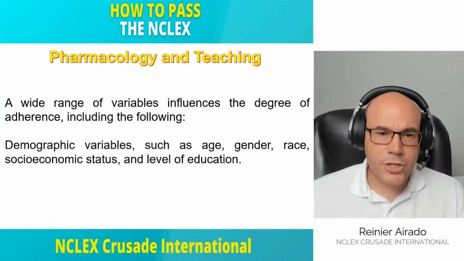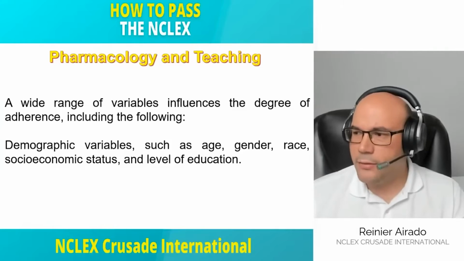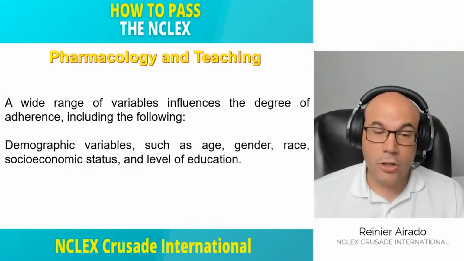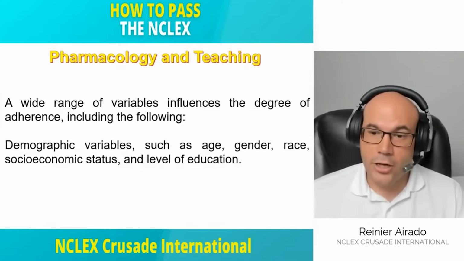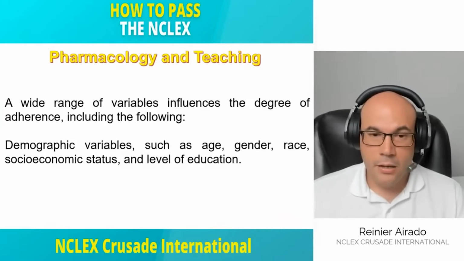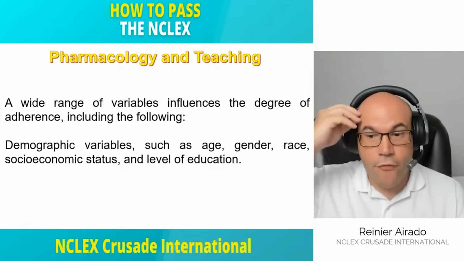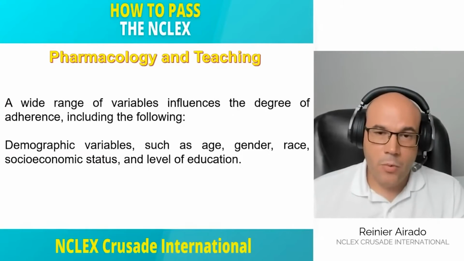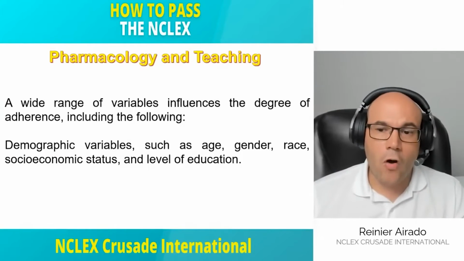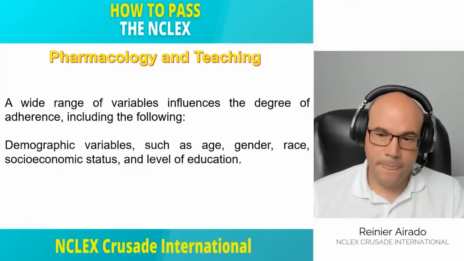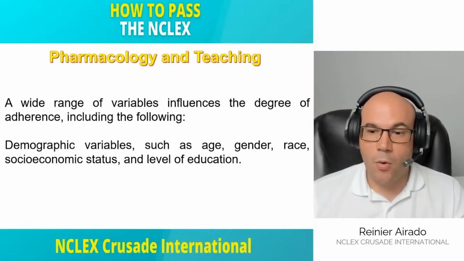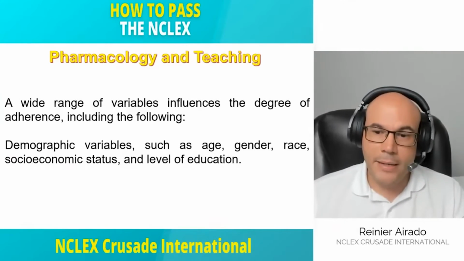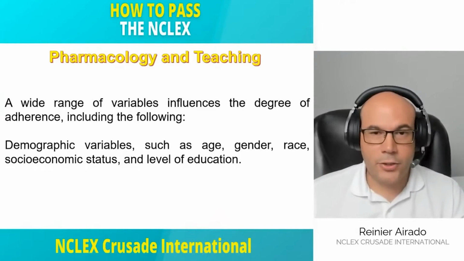What does age have to do with medication adherence? Well, if you have an elderly patient, the elderly patient can be confused, can be forgetful, and forget to take the medications. How many times do we see the elderly population overdosing on medication? Because they forgot to take one dose and they assume, oh, I forgot the morning dose, let me take 2 doses back to back.